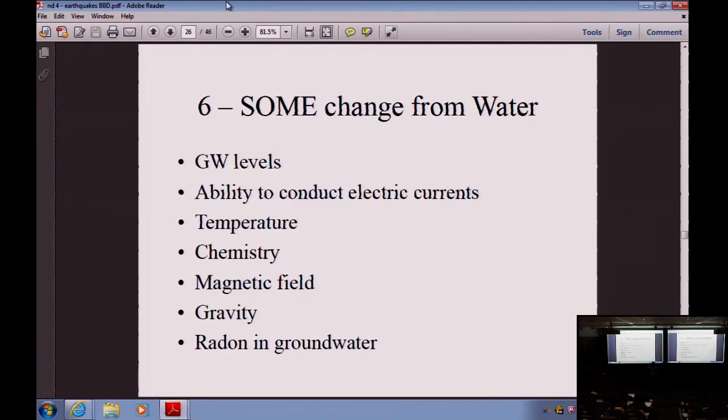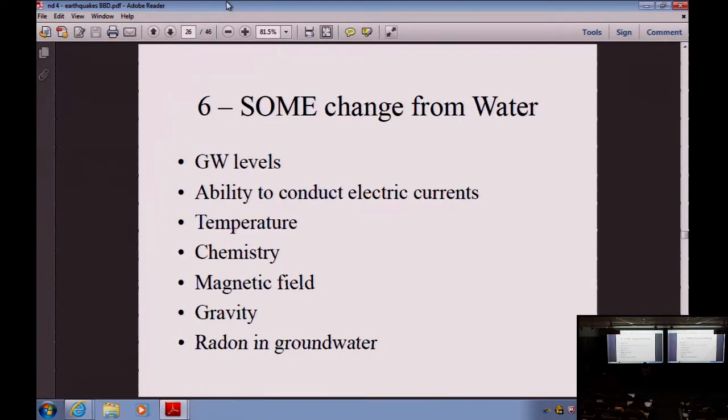So the levels will rise or decline rapidly right before, or the ability to conduct electric currents changes. What we're talking about here is conductivity, and conductivity is a measure of how many dissolved solutes are in the water. So somehow a bunch of water, maybe deep, comes up to the surface and has a lot more dissolved solutes than the native groundwater in the shallow subsurface.